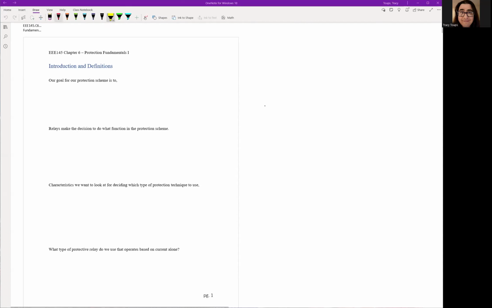As you recall, the main goal of the power protection scheme is to mitigate damage, right? We don't want equipment to break. We don't want to spend money to replace it, right? So mitigate damage to the grid by disconnecting the affected area.